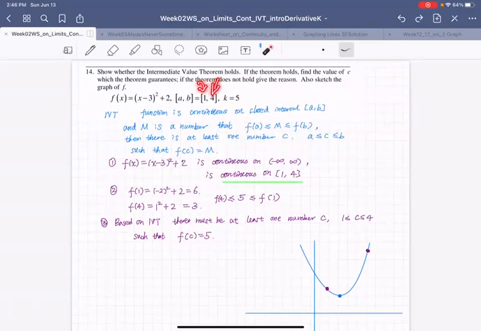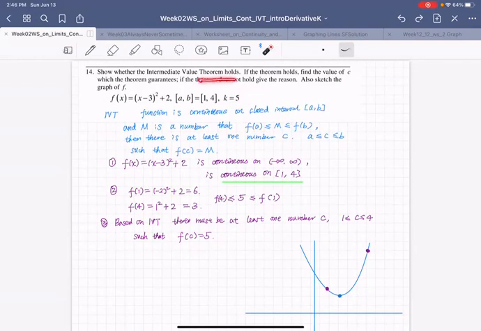Number two, you have to make sure the function is continuous on this domain. If you can make sure these two things are correct, then your IVT will apply, which means you will have at least one number c which will make your f(c) equal to 5.